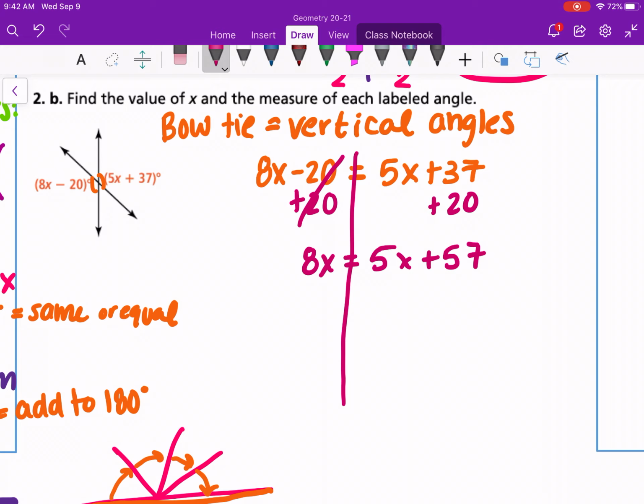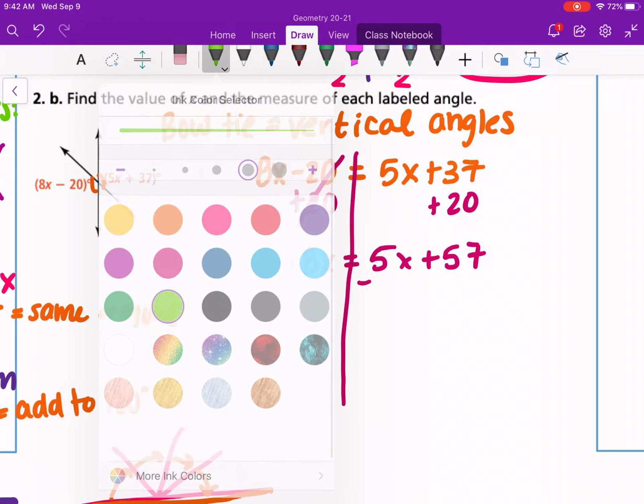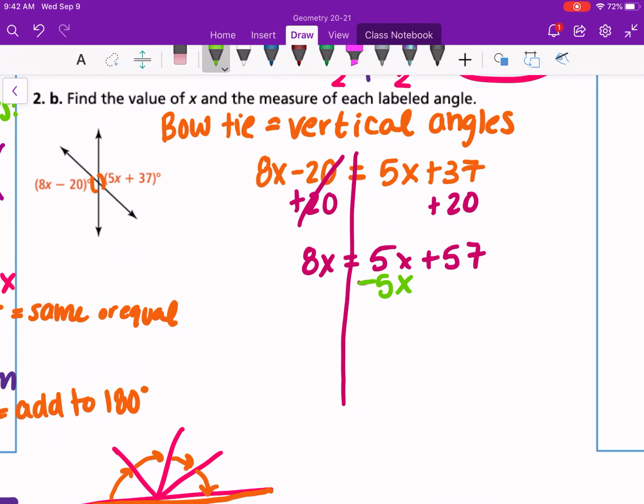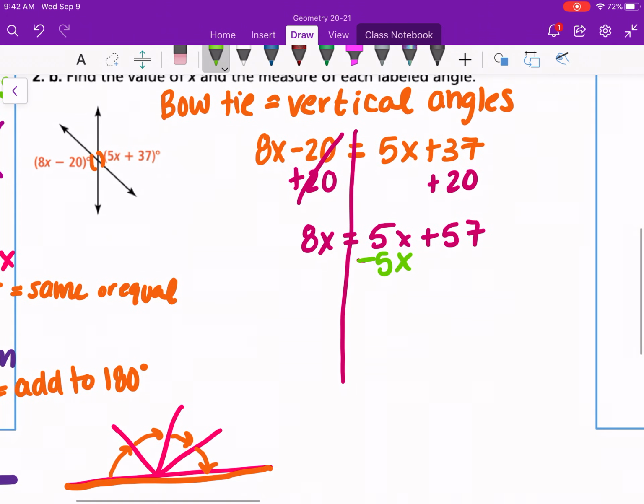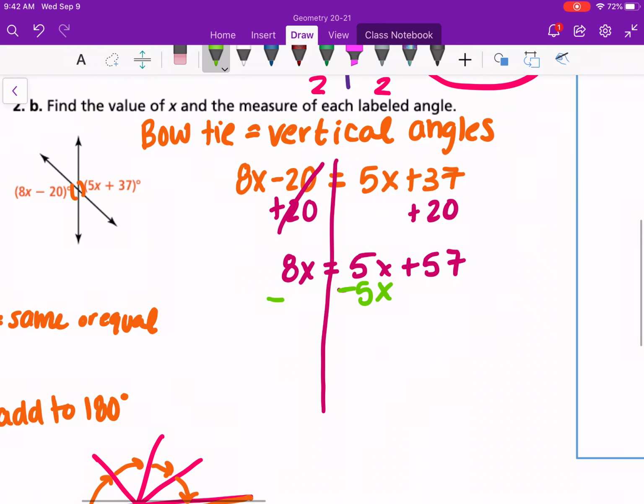Then I'm going to subtract 5x, so I'll change my color. Minus 5x, minus 5x. That'll cancel out. If I have 8x's and I take away 5, I have 3x equals 57. And we are going to divide both sides by 3. And x is going to equal 19.